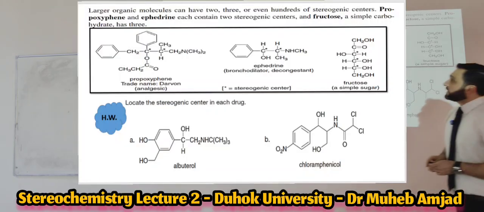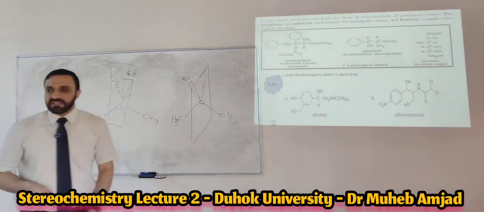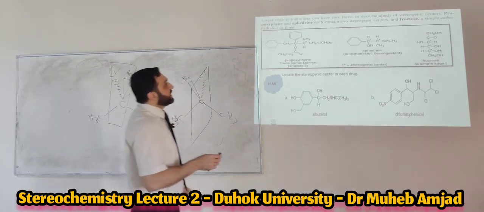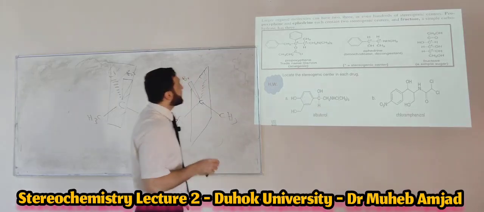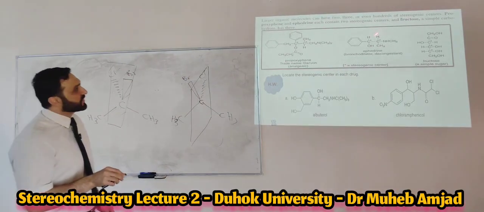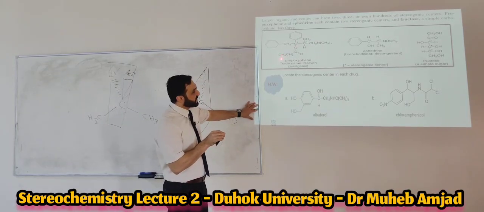So larger organic molecules can have 2 or 3 or even more than 100 stereogenic centers. Okay? Propoxyphene and ephedrine each contain 2 stereogenic centers. Look at this compound, for example. CH3 is not a stereogenic center.